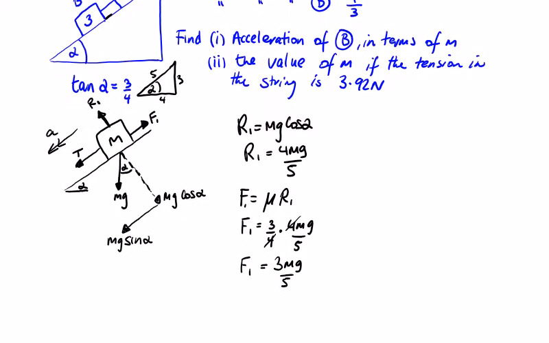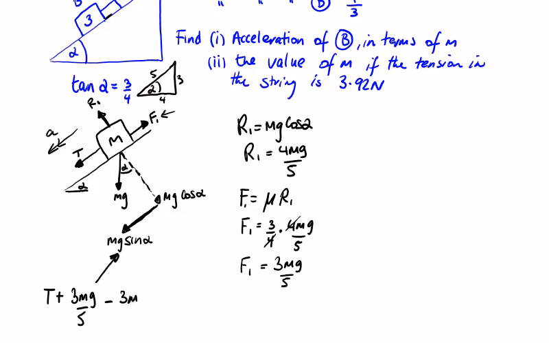We also have my forces at play here. We're going in this direction, same as the acceleration. So we have a T and we have an mg sine alpha. They're the two forces going down. So we're going to have T plus mg sine alpha, where sine alpha is O/H, 3/5. So T plus 3mg/5, and then take away what's opposing that, which is my F1, which we just worked out to be 3mg/5.